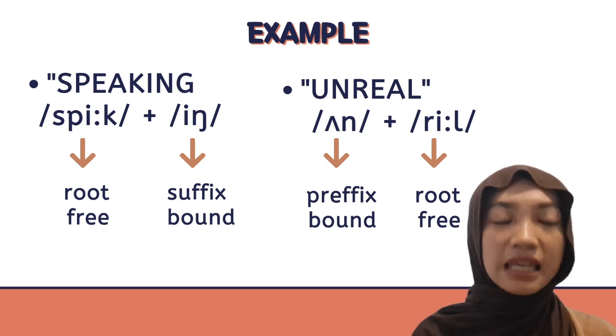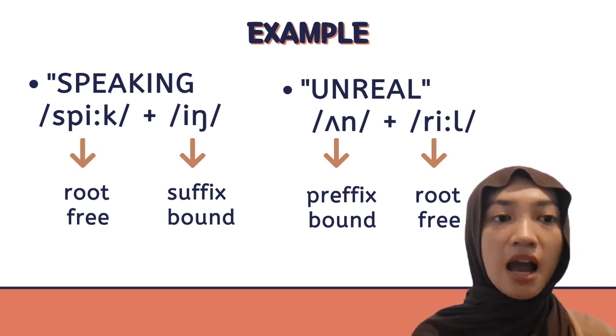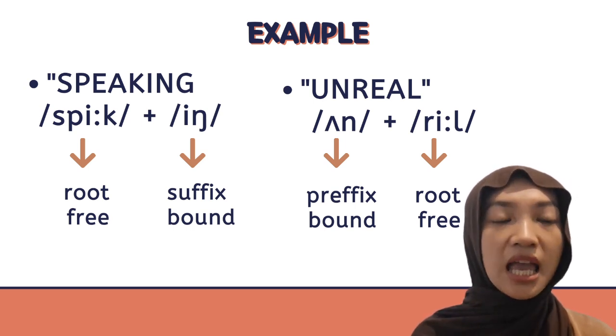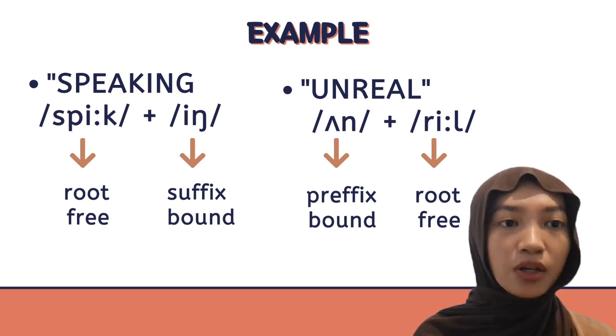It means that ing cannot stand alone because it must be with other words. And unreal: un is a bound prefix and real is a free root, because un cannot stand alone, it must be with other words, and real can stand alone.